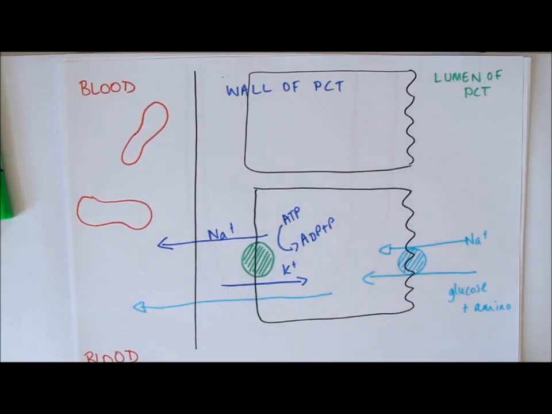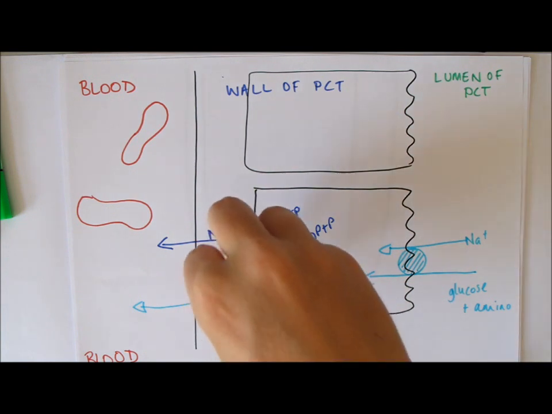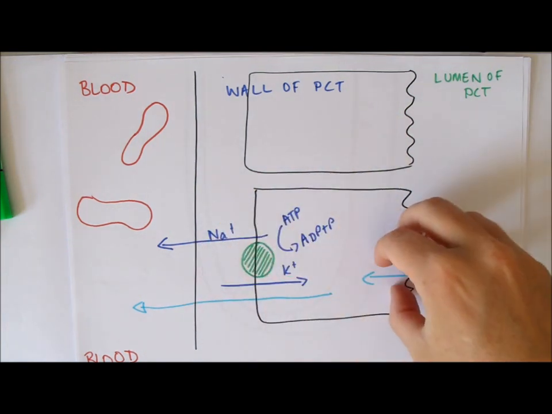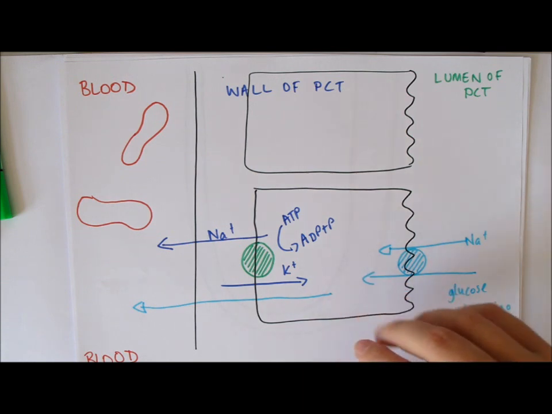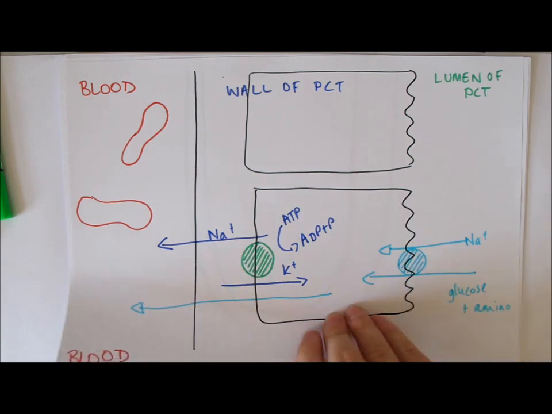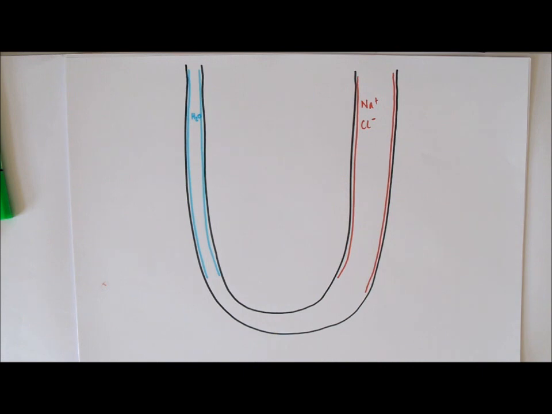You will notice that the cells are lined with microvilli. That obviously increases the surface area for absorption, and it is through this process, driven by an active process here and a passive process here, that the majority of substances that the blood requires are reabsorbed in the proximal convoluted tubule.